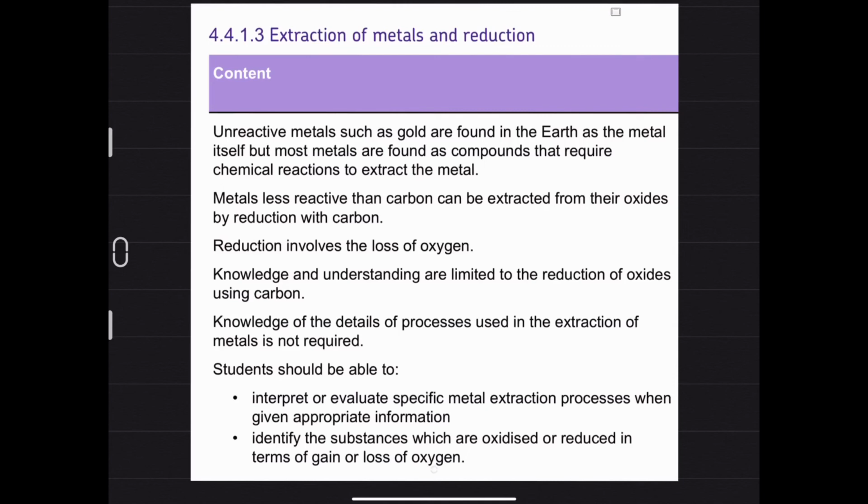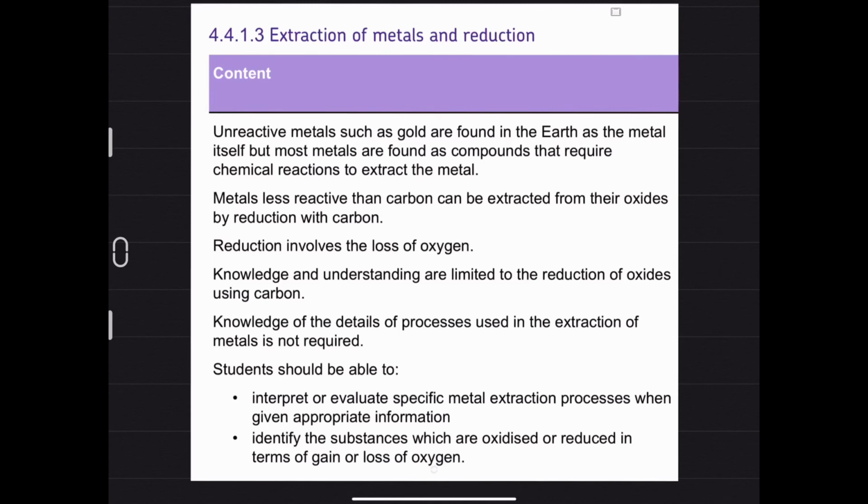Now, how the exam questions may be structured is that you will be given a fair bit of information to read through, and then using your understanding of the reactivity series, the position of carbon, the position of hydrogen in the reactivity series, to answer a series of questions on that. So you need to be confident with the reactivity series, the positioning of the metals within it, and on top of that, you need to know the position of carbon and hydrogen and why we use carbon in certain instances and why we use hydrogen in certain instances.